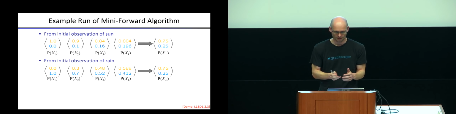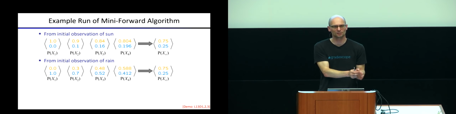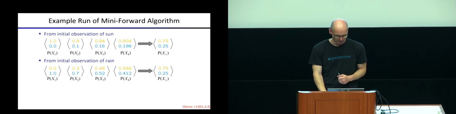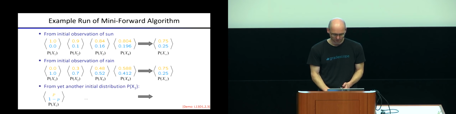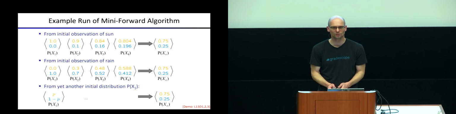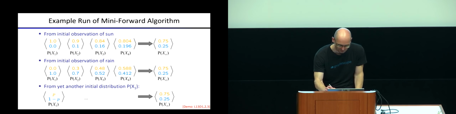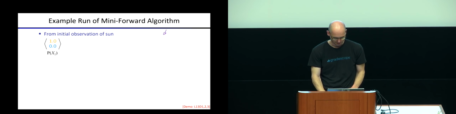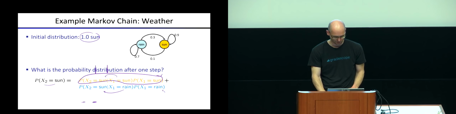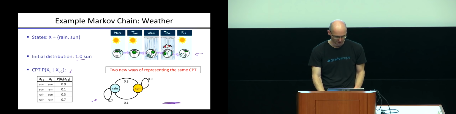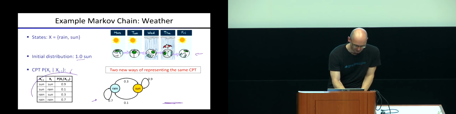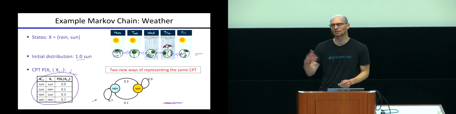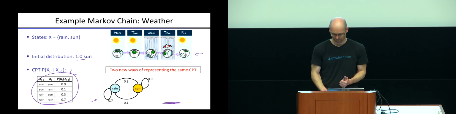It's too far out, and the transition model will dominate, not the initial distribution. You can do this with anything. You can have any initial distribution, and if you do the calculation with that transition model, you'll find you converge onto the same distribution, 0.75, 0.25. Of course, the specific numbers here are specific to the fact that we have the conditional probability tables shown earlier on here. This conditional probability table is what results in that particular stationary distribution.